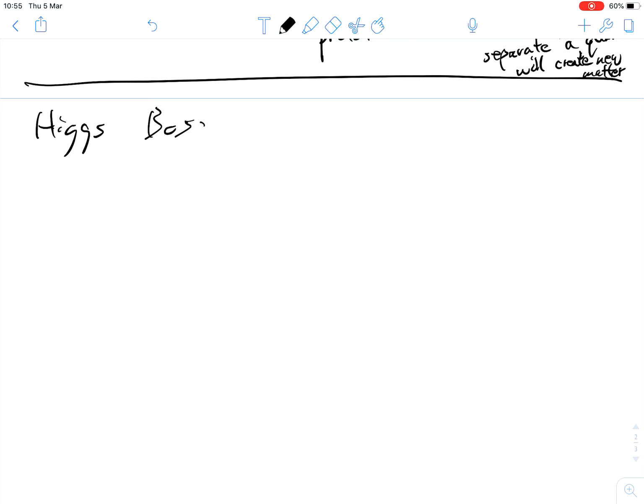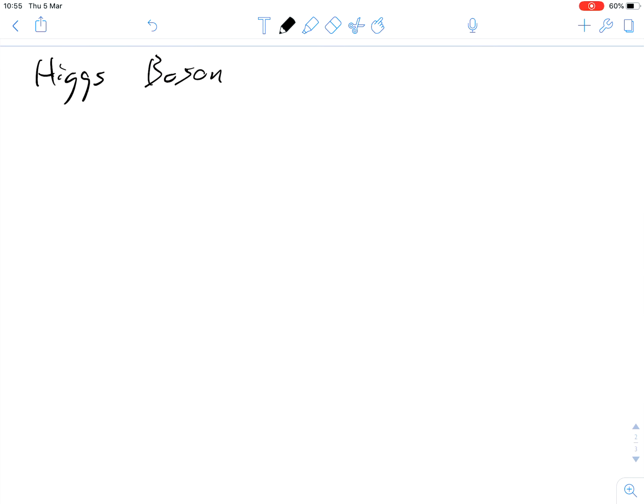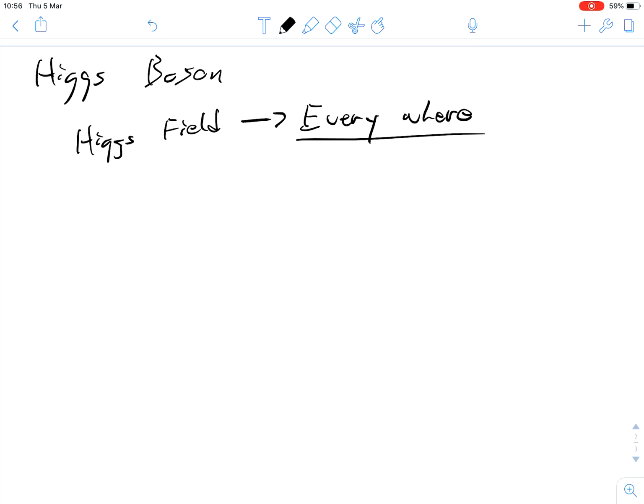The Higgs boson comes from this idea that there's something called a Higgs field, sort of like how there is a gravitational field that you cannot see that affects how we live on Earth. The Higgs field, though, is suspected to be everywhere. Okay, so it's literally within the entire fabric of space.